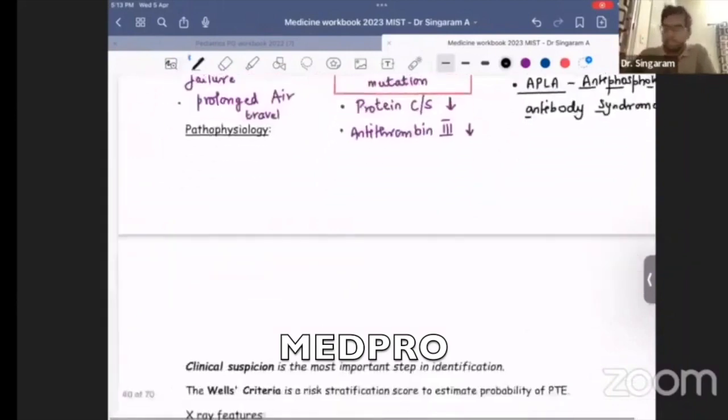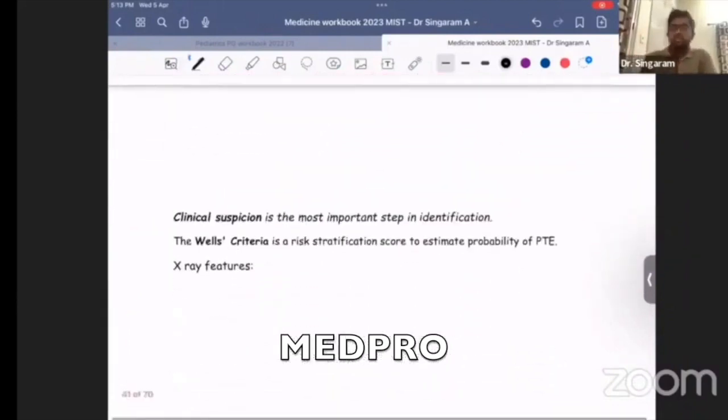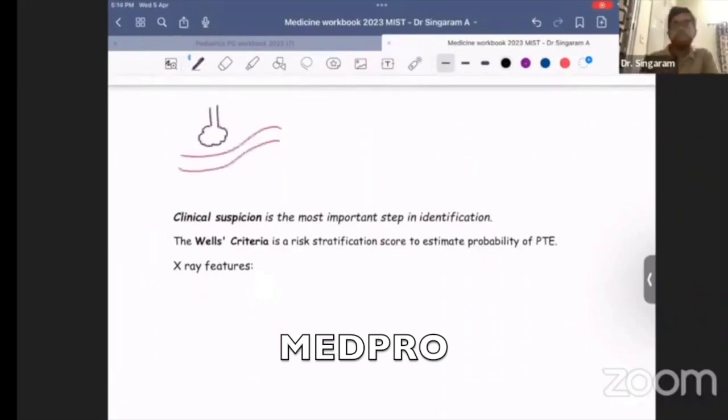Now let us see what are the problems due to this pulmonary embolism. You can either write on this page or on the next page, not a problem. Think like this. This is the alveolus, and this is the blood vessel, the pulmonary capillary. Now think that you have an embolus blocking the artery like this.